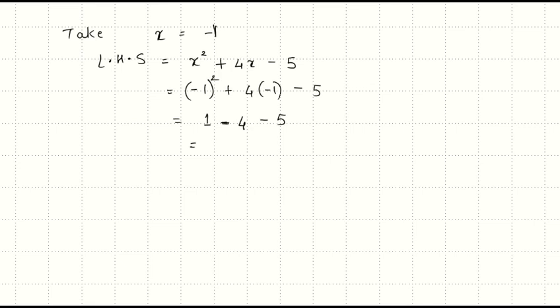So here we get 1 minus 4 minus 5, which is 1 minus 9, sign of the bigger number, is equal to minus 8, which is not equal to 0. Here LHS is not equal to RHS. What was RHS? RHS is 0.